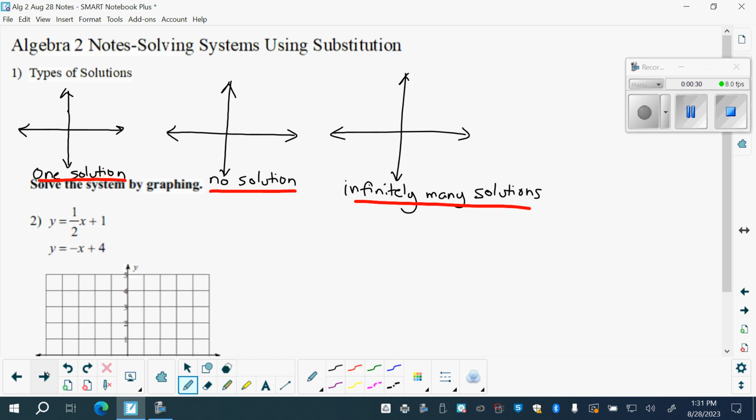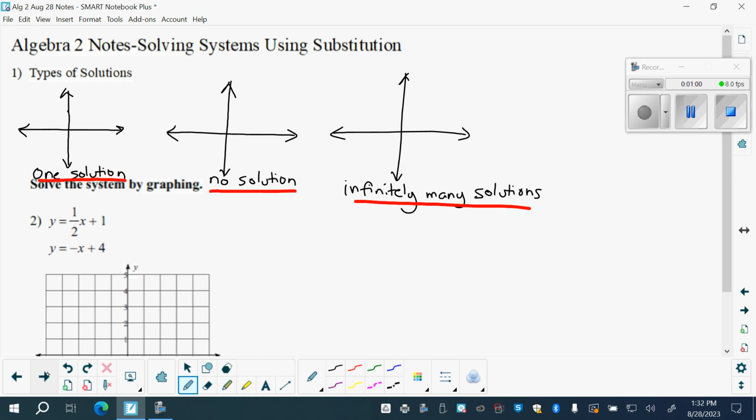Okay, so one solution. If we have two lines, one solution, what would that look like? What would the two lines do? Both of the lines would be straight, yes, but how would they be?